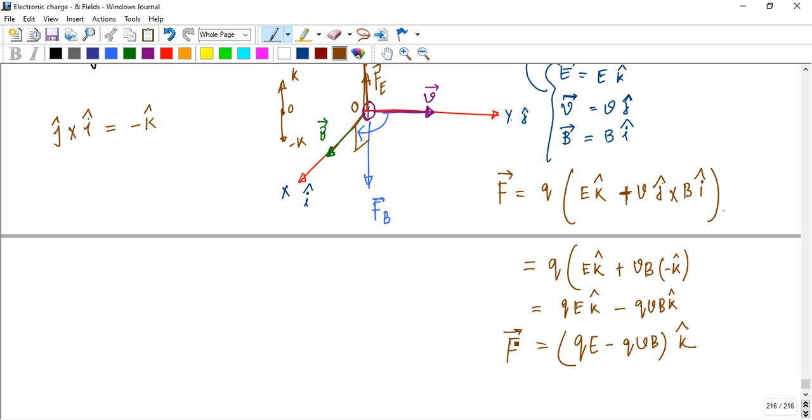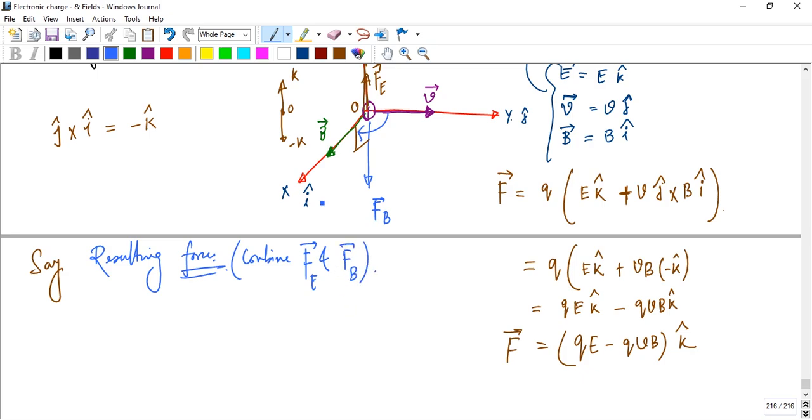Suppose the resulting force, combining the electrostatic force and the magnetic force, is 0 Newton.